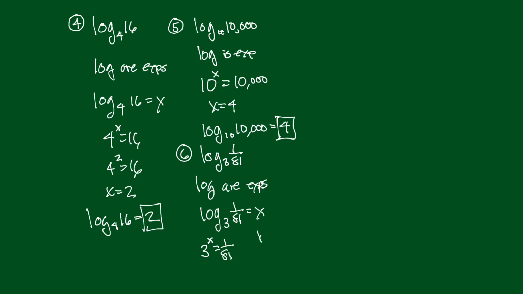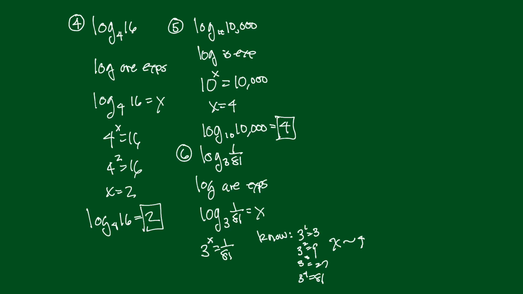Now, maybe you remember this. If you take 3 to the first, you get 3. 3 squared, you get 9. 3 cubed, you get 27. 3 to the fourth is 81. So I'm thinking x is kind of 4, but it's 1 over 81.